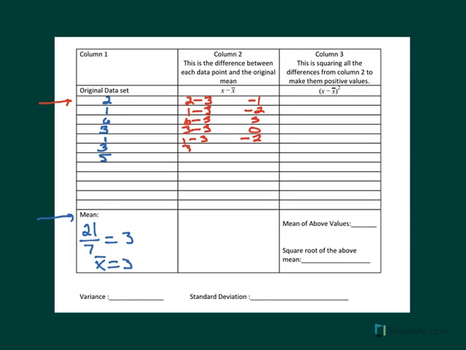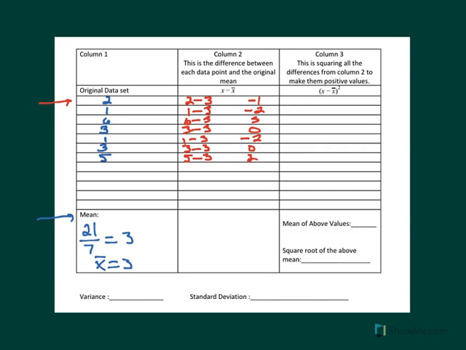And then we have 3 minus 3 again, which is 0. And then 5 minus the 3, which is 2. So that's going to be all of our differences between the data point and the mean.